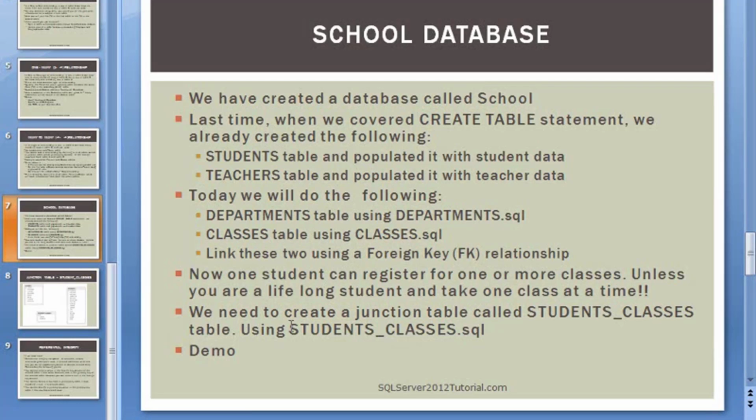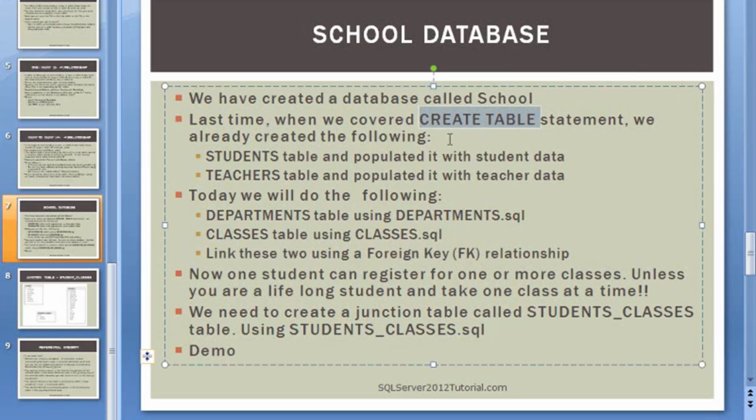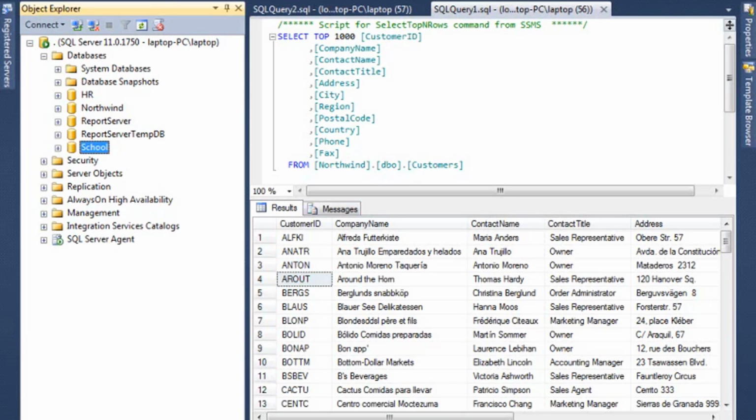If you look at what we're trying to do, in the last video that we covered on creating a database and creating a table, when we were talking about the create table statement, we created the following tables. We have a students table, and we populated it with student data, and we also have the teachers table, and we populated it with teacher data. Let me show you that first.